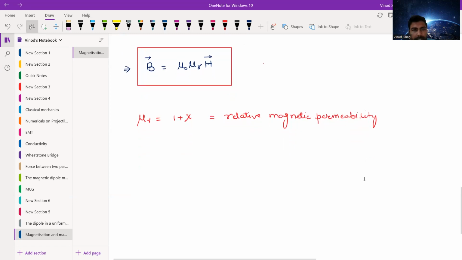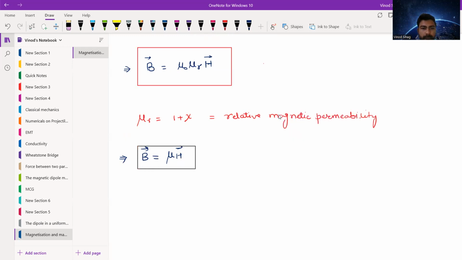Now this equation can be rewritten as B vector equals mu times H vector. And we will see what mu is here.